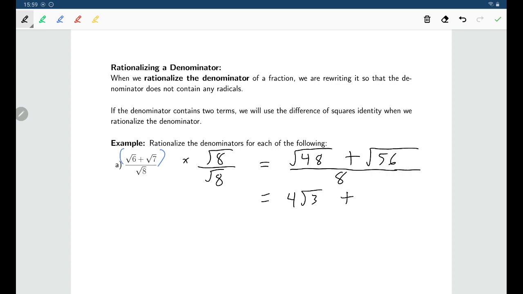For 56, if we were to look at what perfect squares go into that, 4 goes into 56, and 4 goes into it 14 times. So root of 56 is root of 4 times 14, or root of 4 times root of 14.